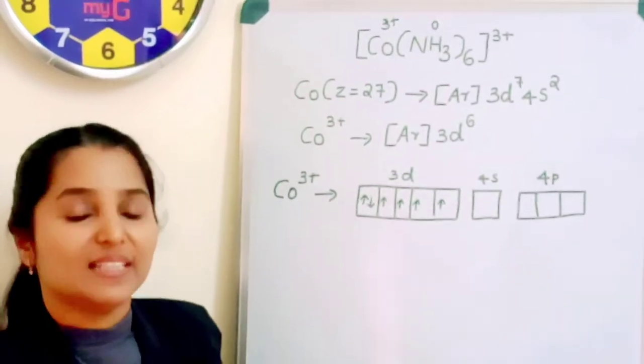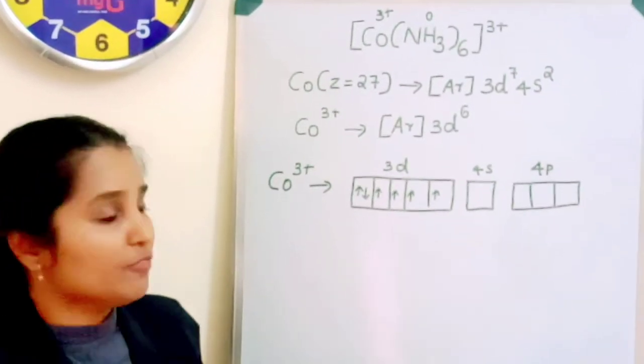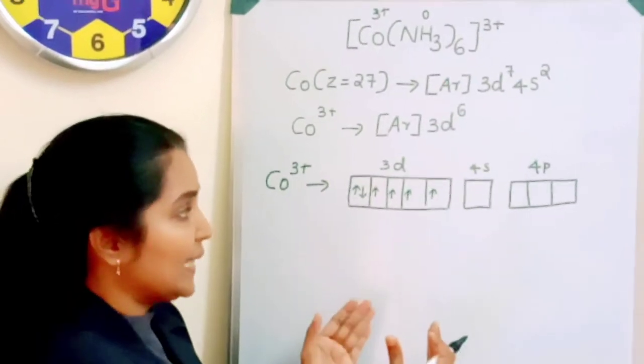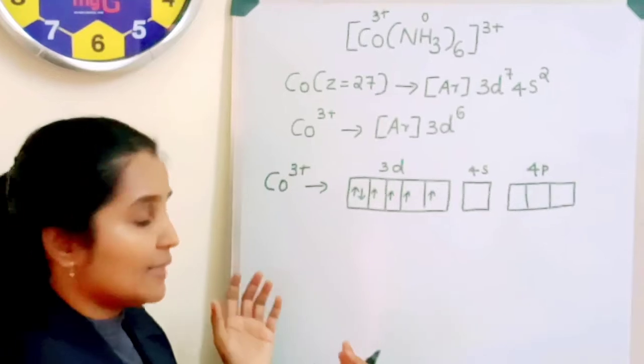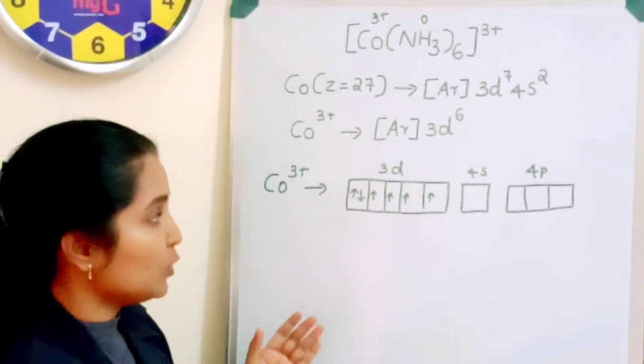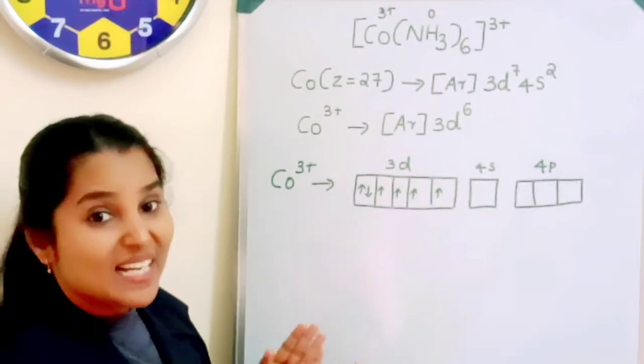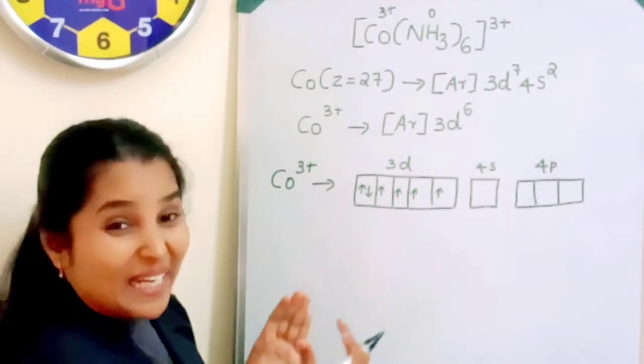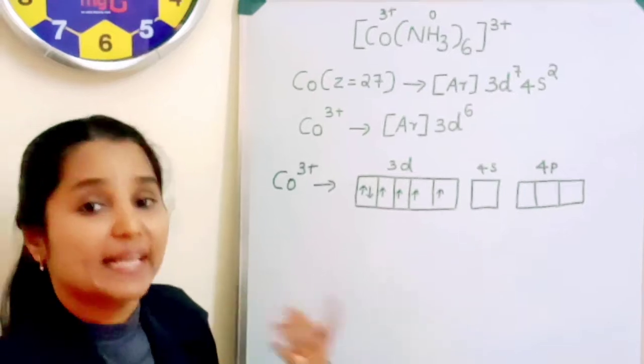It is a strong field ligand. When this strong field ligand approaches the central metal ion for the formation of coordinate covalent bonds, it will push the unpaired electrons of the central metal ion in the 3d orbitals to get paired up. And so they get paired up.